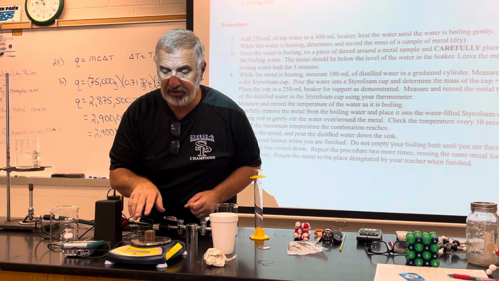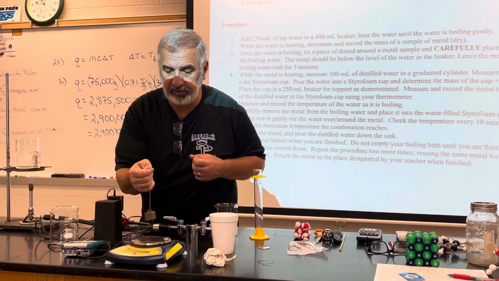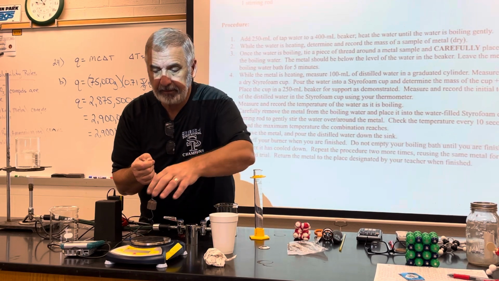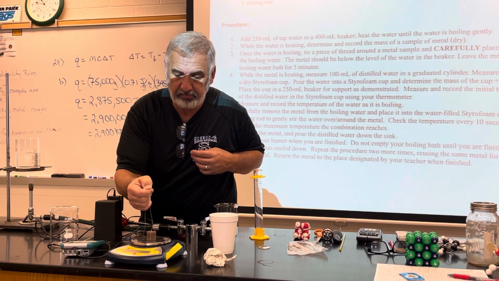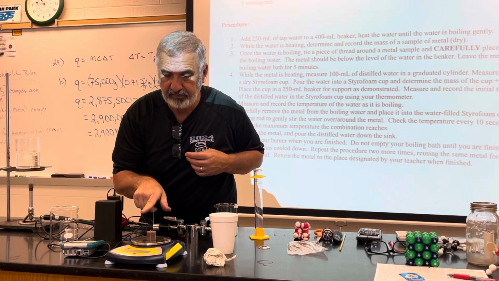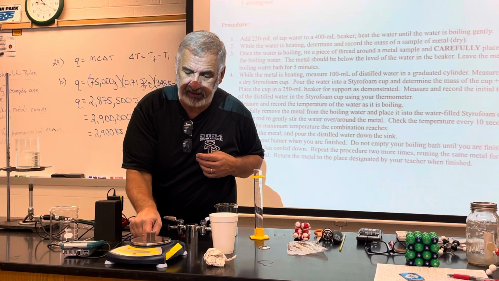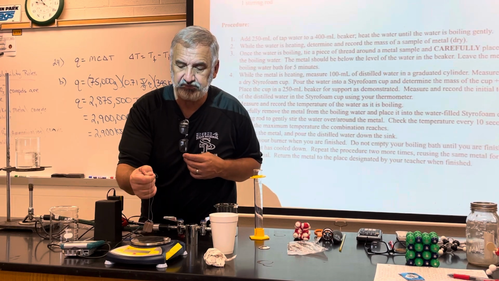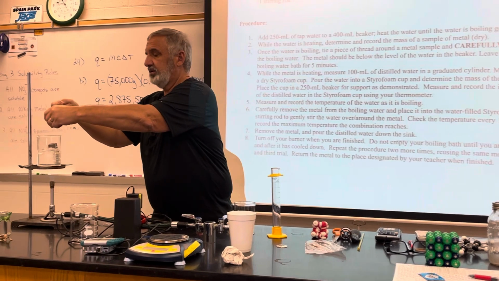It comes out to 149.67. I'm going to do it one more time because it was a little bit different before. Okay, 149.66 grams. And now I'm going to put it into the boiling water bath.